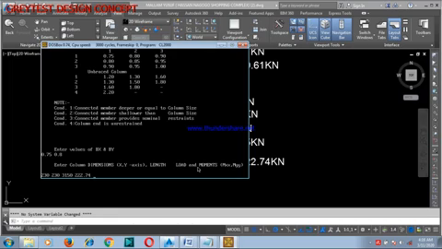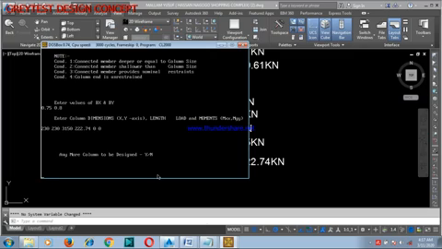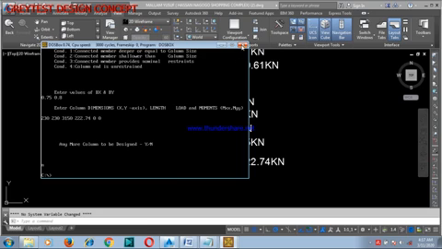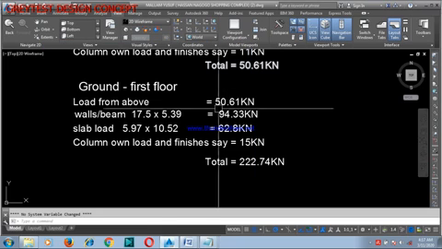Now the moment, like I explained earlier, is gotten from the beam calculation you did before. So 0, 0. Now, any column to be designed? No. Now you can close it, as it is designed already.